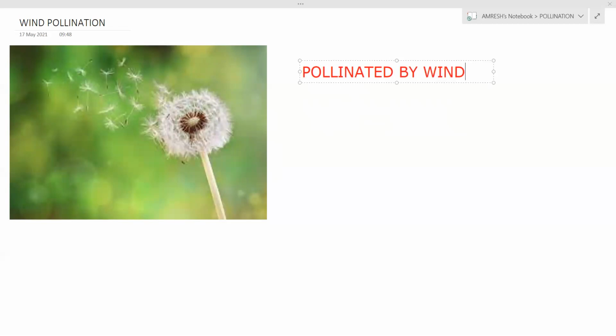For wind pollination, the flowers are small and the pollen grains have to be light so that they will be carried by the wind. The wind carries the pollen grains in one gust and they get deposited on the stigma of the flower.